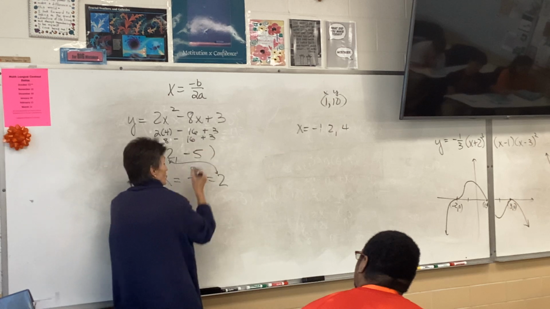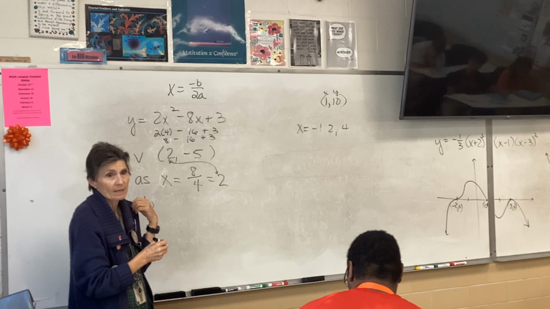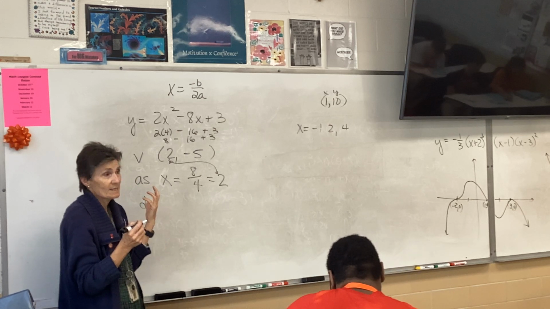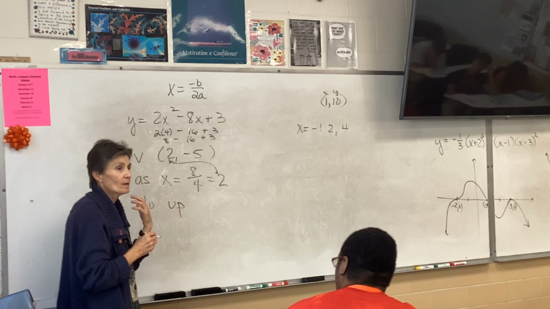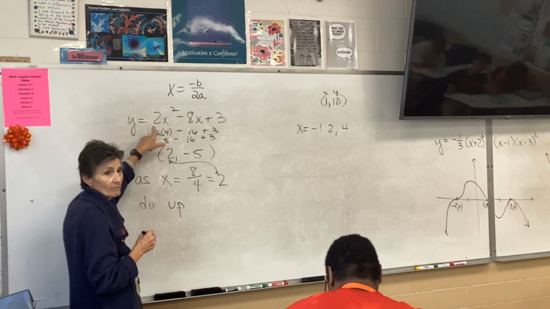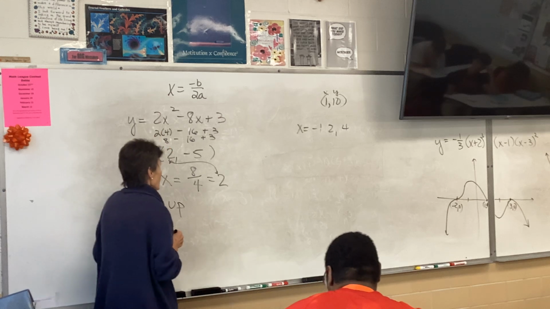Negative 5. So you need to make sure you're getting 2, negative 5 for your vertex. And then which way does it open? That's easy, look at it, it opens up. The only way it's not going to open up is if that number is negative.